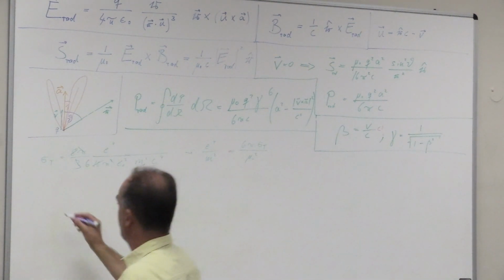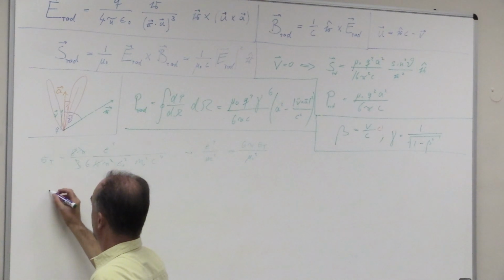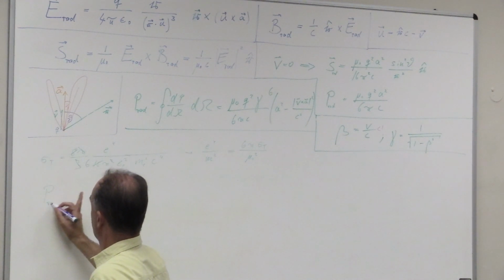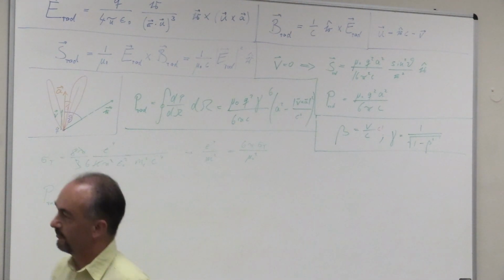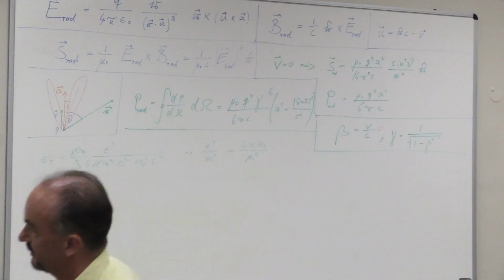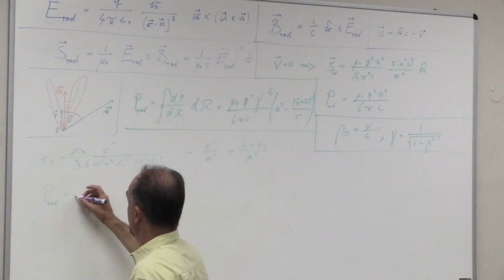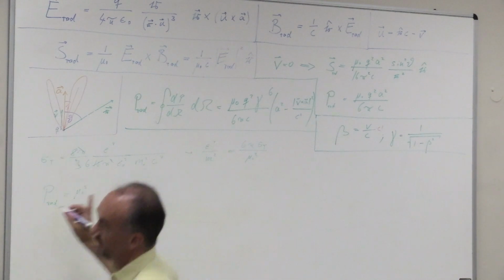Okay, now we're almost there. So the power radiated for synchrotron radiation, let's just plug this in. So we had mu naught squared.